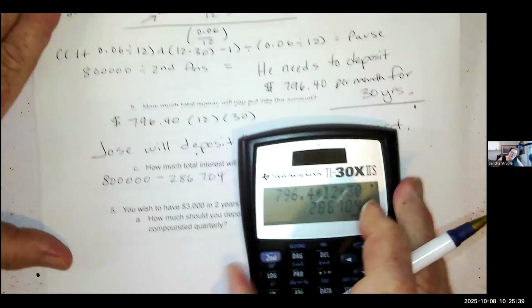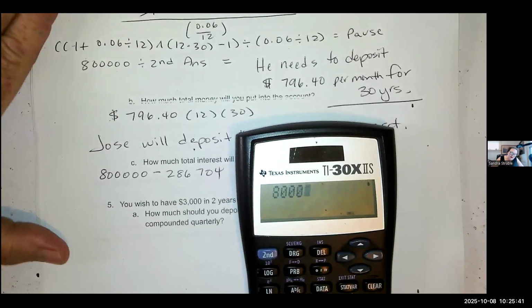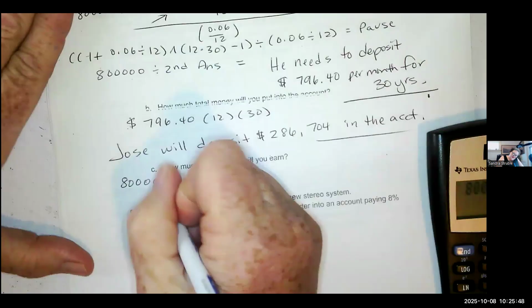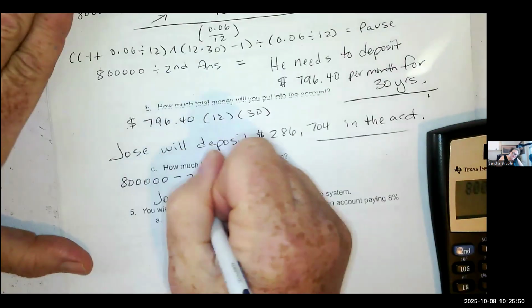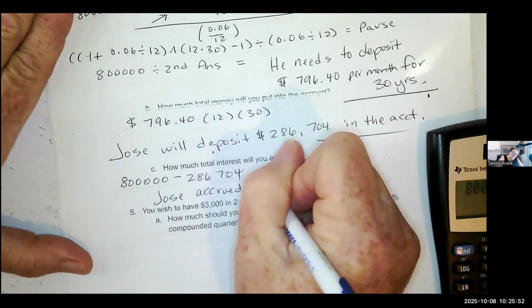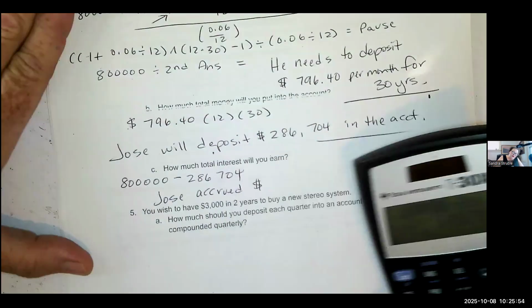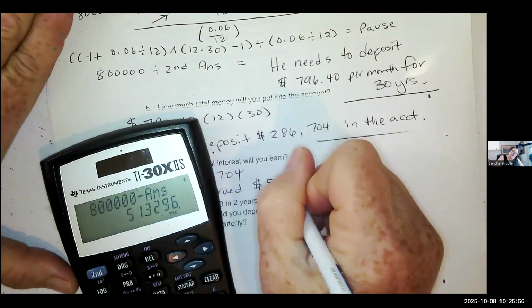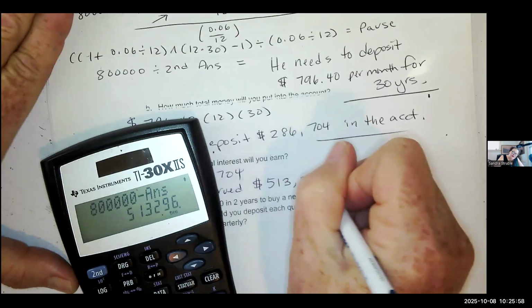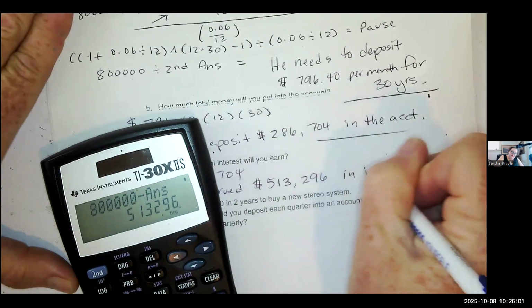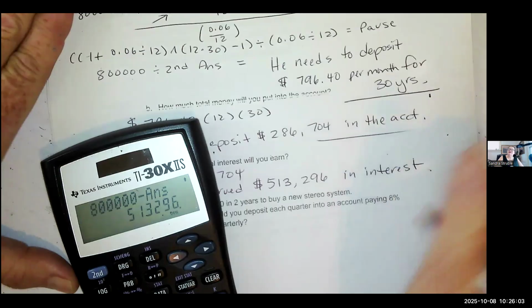Because I didn't have to round that, I can just type in 800,000 minus second answer equals. So Jose accrued, this makes me so happy, $513,296 in interest. That's fantastic.